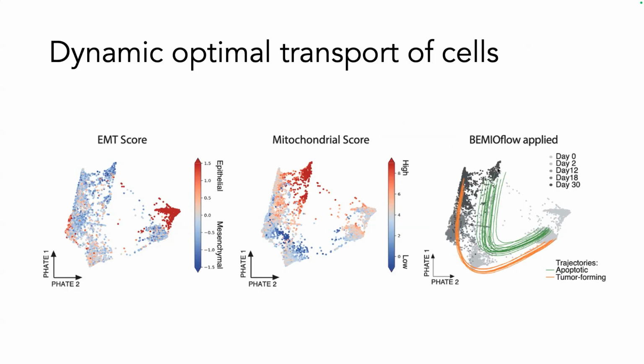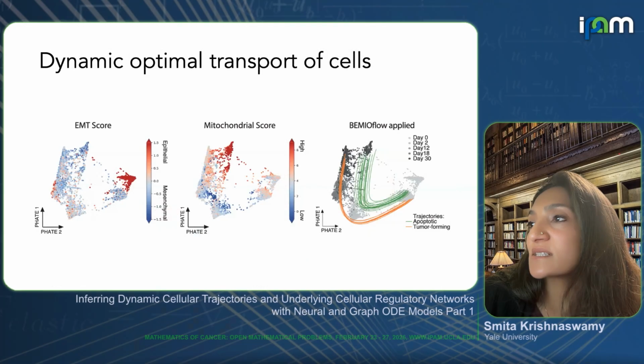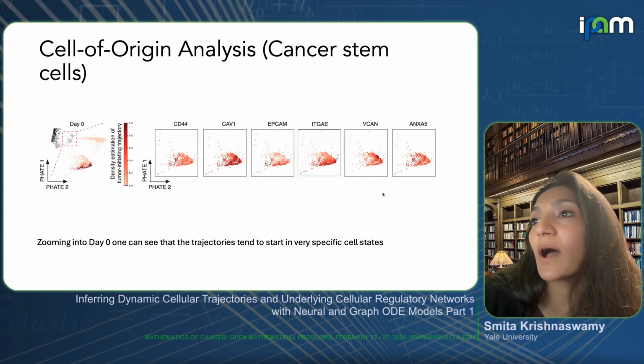We have a lot of other trajectories, but our collaborators are particularly interested in this orange versus green trajectory. So from the initial cell culture, some cells just die, and a subset of another group of cells, even though they start pretty similarly, one goes to this clumpy tumor formation and one goes to cell death. And you can tell this by the mitochondrial score. And we'd like to understand why.